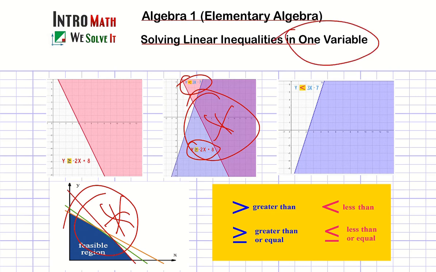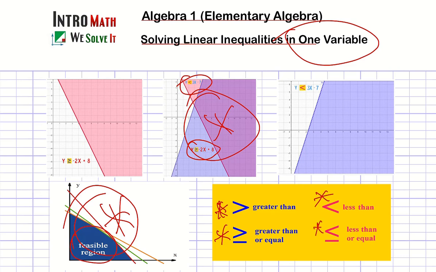Okay, see the feasibility region here. What they mean by feasibility is that they're trying to solve some problem, so they want to find out what is feasible, what is allowable. So that's how they draw this bunch and then find the region. Like I said, we'll deal with that a little later. I wanted to explain these graphs here, and I also want you to understand what they mean by greater than or equal to, less than or equal to.